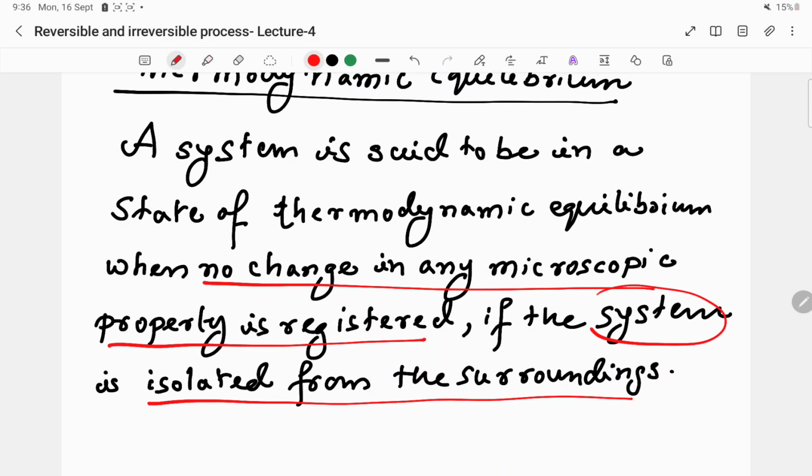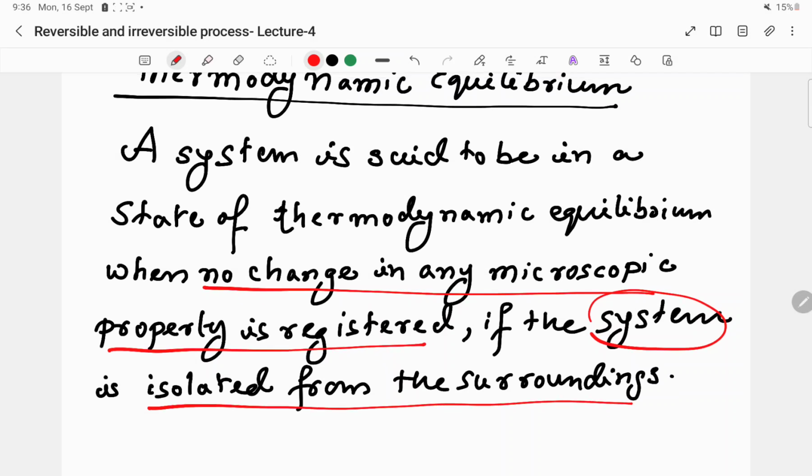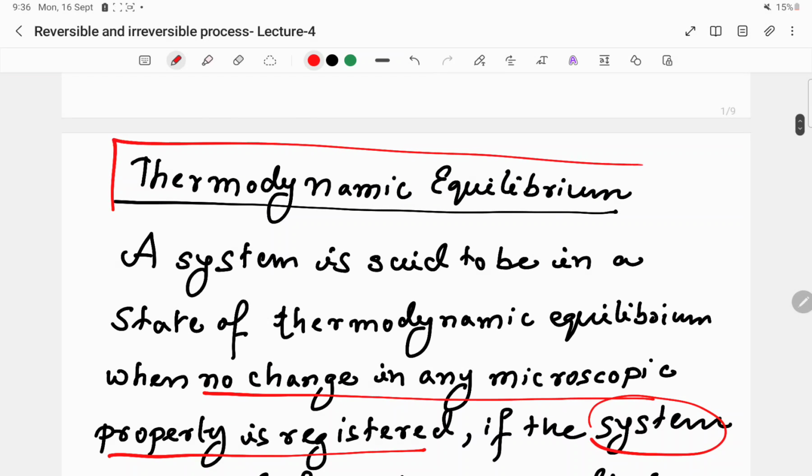Your system is isolated because there is no exchange of mass and no exchange of heat, that is the energy. If the system is isolated and there is no change in the property of the system, then the system is said to be in thermodynamic equilibrium.